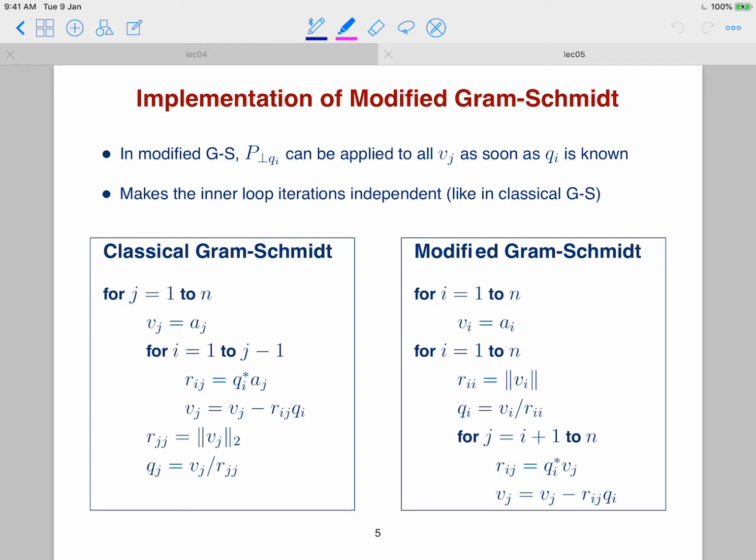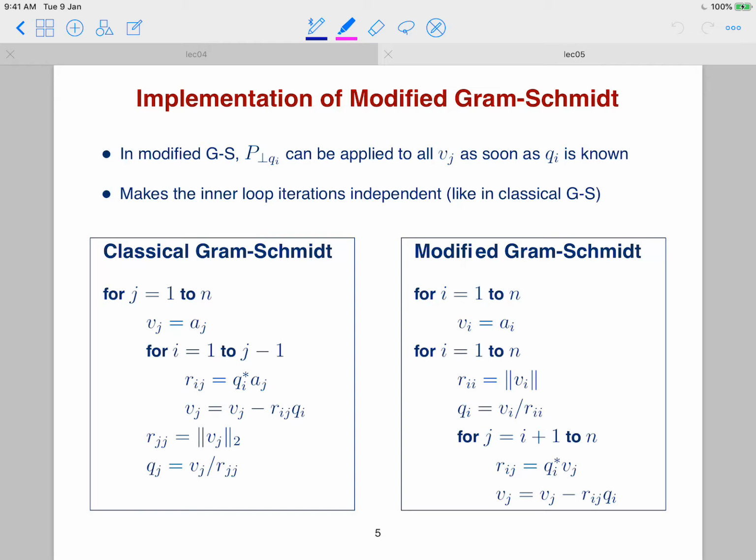Okay, so what changes in more detail in our algorithm? Gram-Schmidt is processing column by column, given a set of vectors, right?